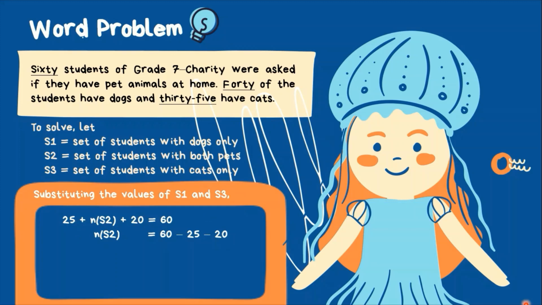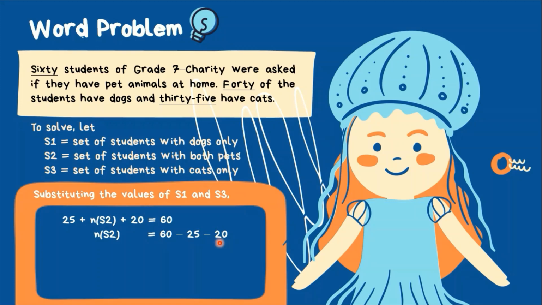One rule that we can apply when you try to transpose values ay they change signs. So in this case, ang 25 sa left side at ang 20 sa left side ay both positive. When we try to transpose them or if we try to transfer them from left to the right side, they become negative because their signs are being reciprocal. So, si 25 ililipat na natin dito, si 20 ililipat din.